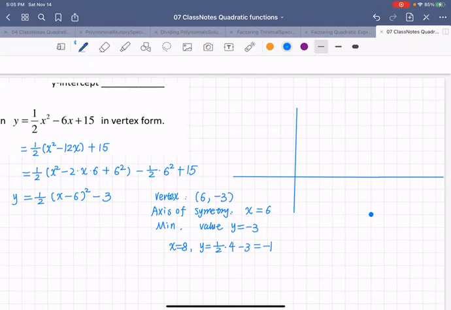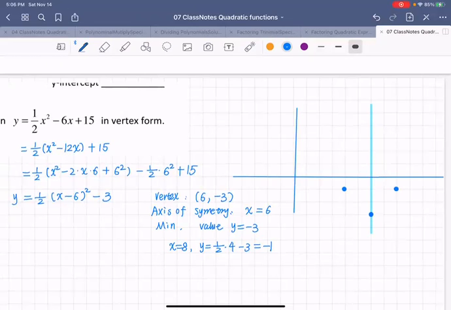So 8, negative 1, right here. Axis of symmetry, this, and then this guy is reflected to the other side here. Very good.